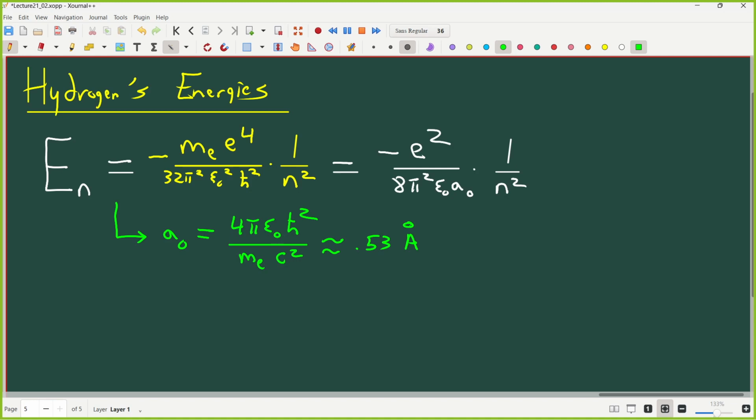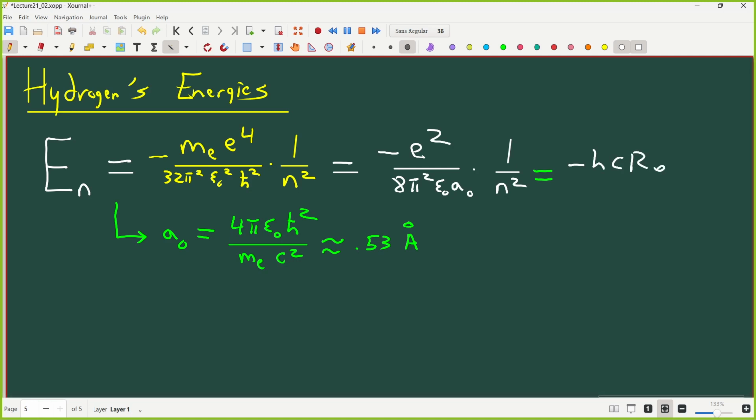All right, so there's another way to write this. I actually have two more ways to write this. One is the way that classically it's been written for a long time: hc times this constant R infinity over n squared.